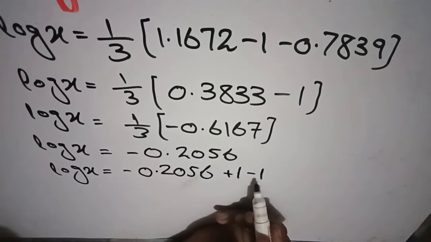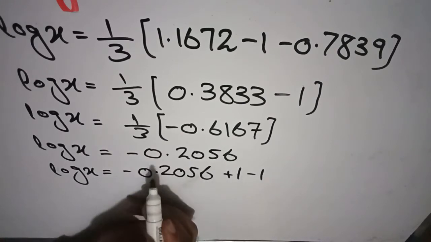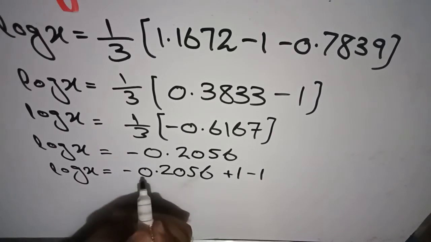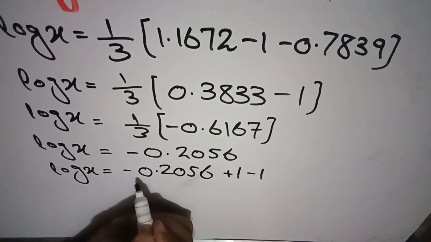Why am I adding and subtracting 1? Only to bring a non-zero digit before the decimal point, because to find the antilogarithm we have to make it non-zero. Right now it is 0, so I will just make it non-zero.